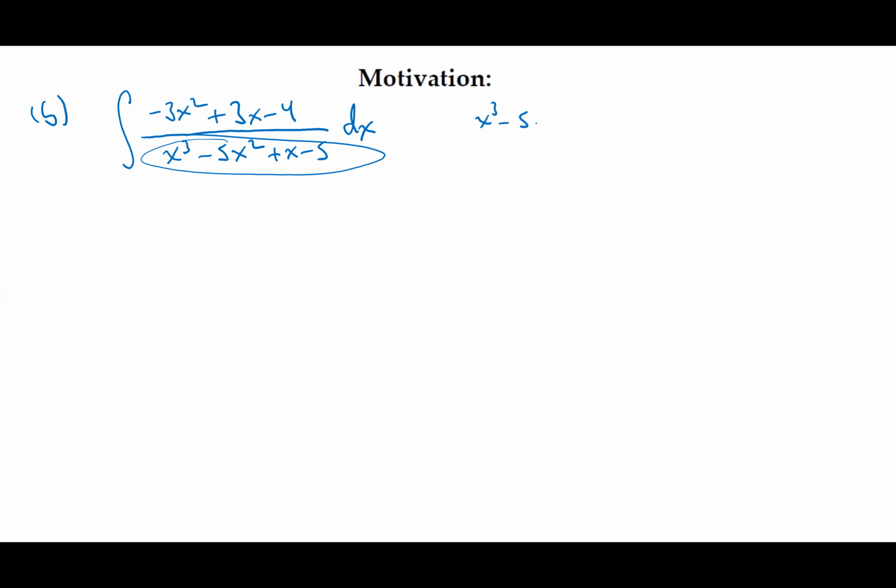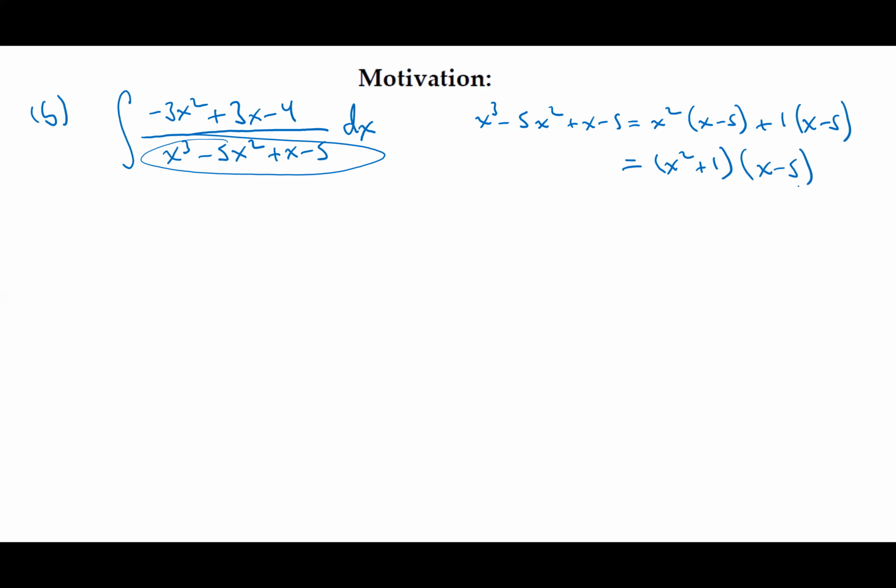I can rewrite it as x squared times x minus 5 plus 1 times x minus 5. And so I've got x squared plus 1 times x minus 5.